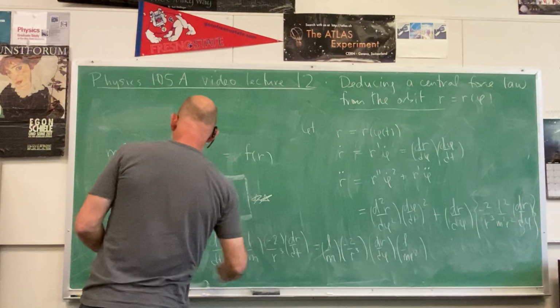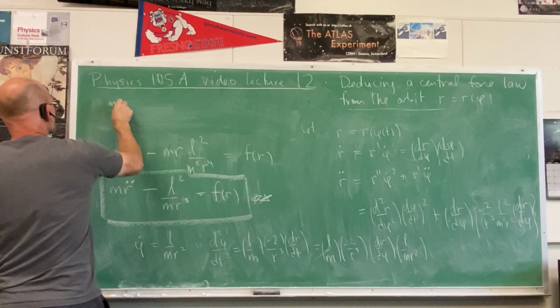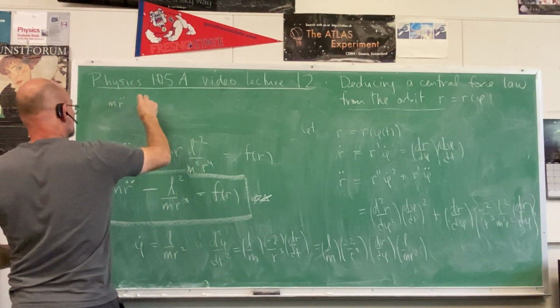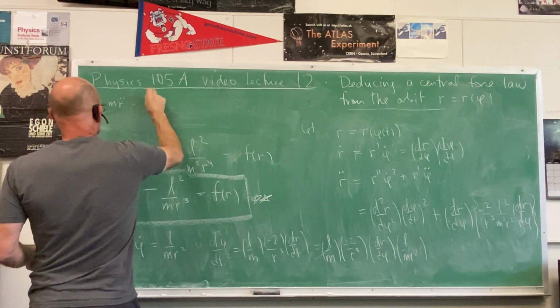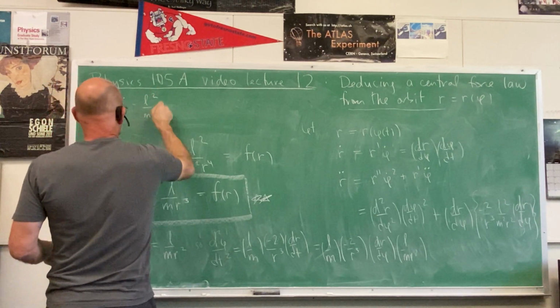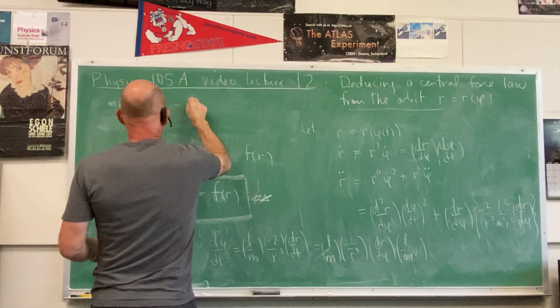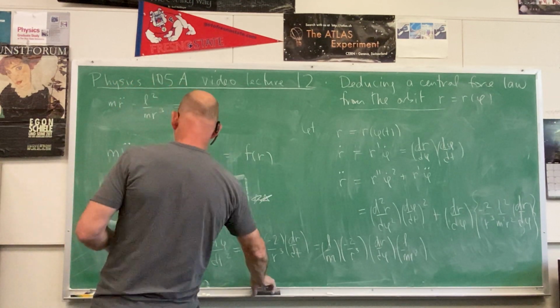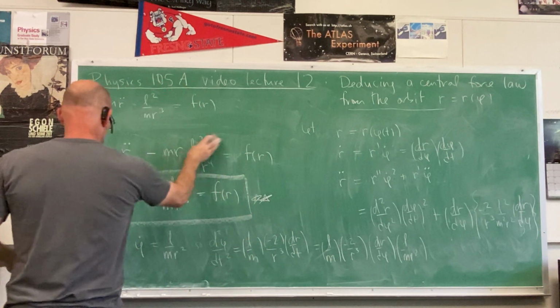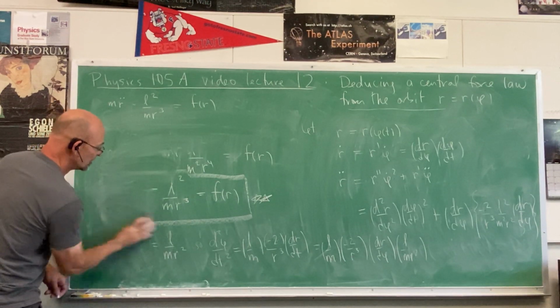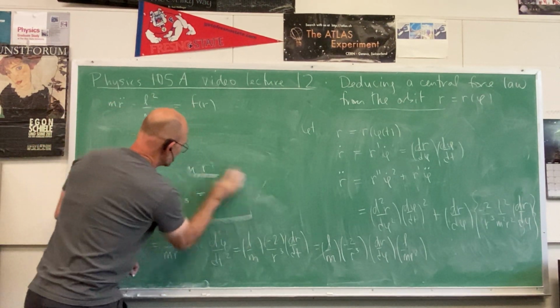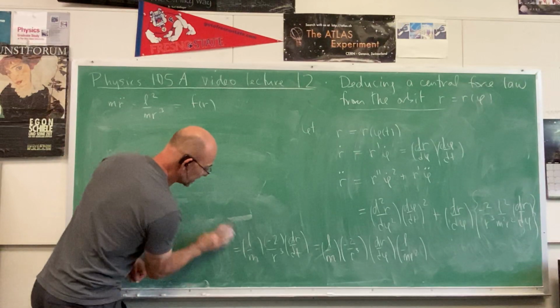I'm going to put this formula up here, have it in front of me, and make some space here. Cubed equals f of r. Let's see if these can all be filled in.